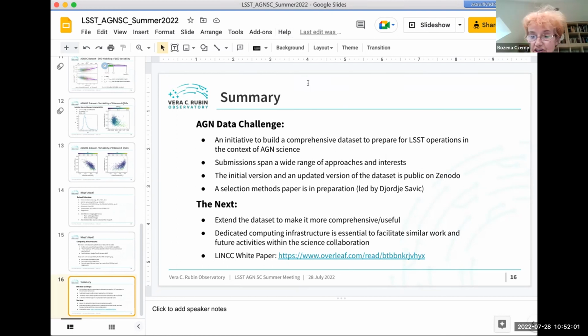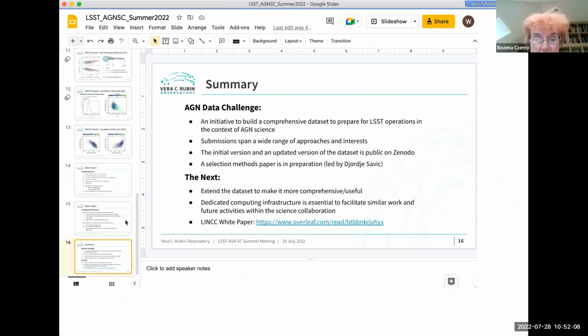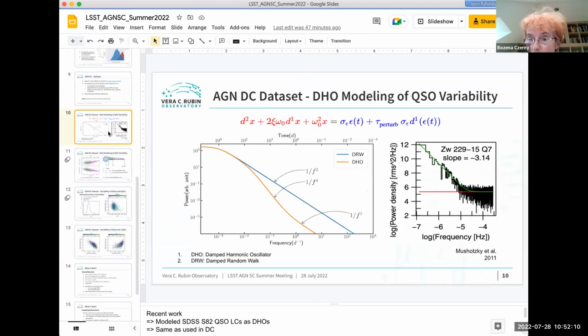Yes, I have a question about this other variability model which you are using instead of damped random walk.